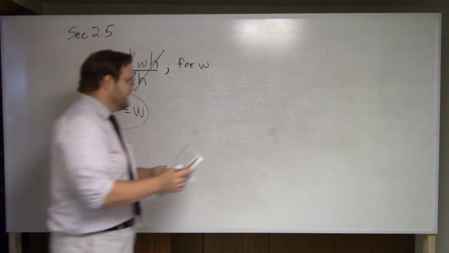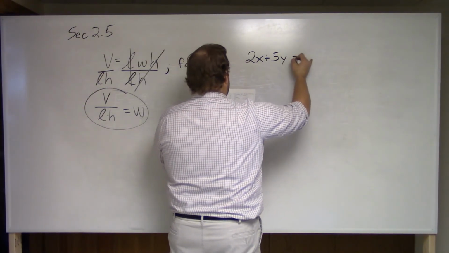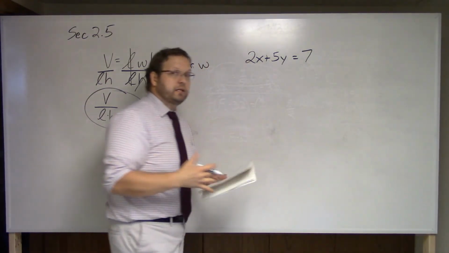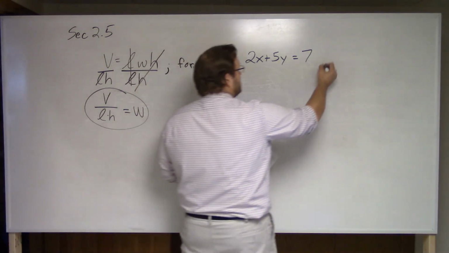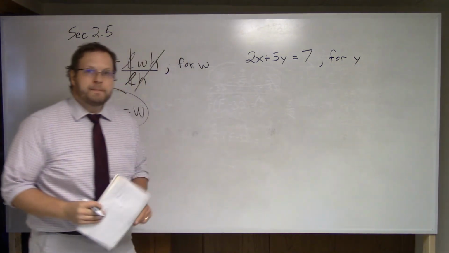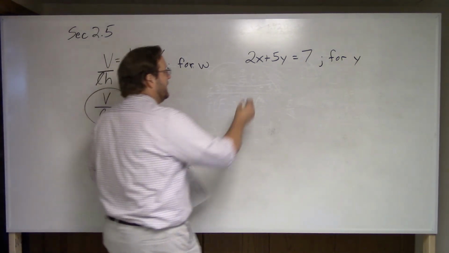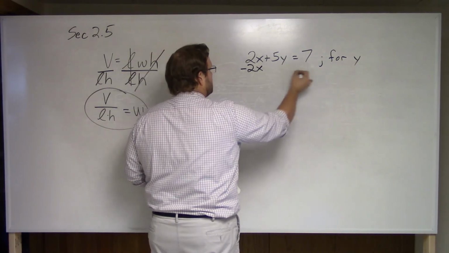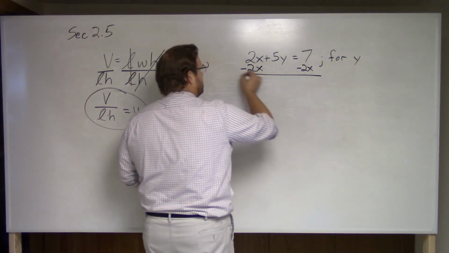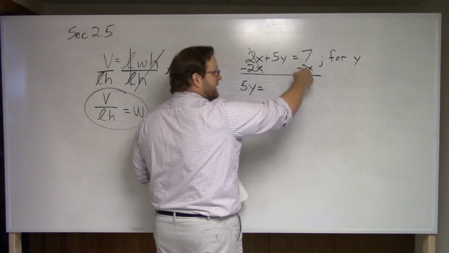Okay, let's do one more. This type of thing we are going to see a lot in chapter 3 when we're graphing linear equations. Okay, and I want to solve for y. Okay, so to get y by itself, I'm going to subtract 2x to get 5y equals, now again, these are not like terms.